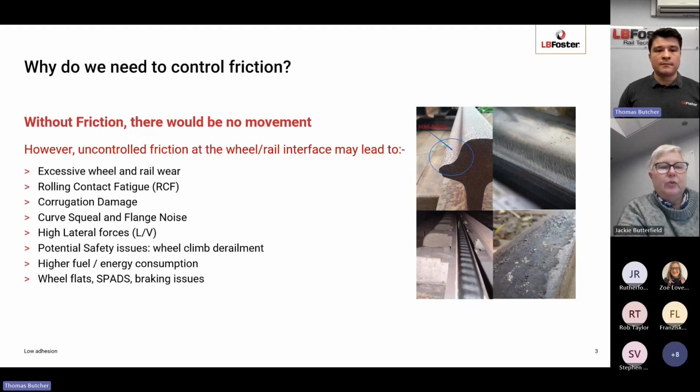Some we're going to cover in future webinars, such as high lateral forces and derailment, as well as energy consumption. But today we're going to be talking about low adhesion, which some of the issues are wheel flats, signals passed at danger, and also braking issues. So I'm now going to hand over to Tom, who will take you through the rest of the presentation.